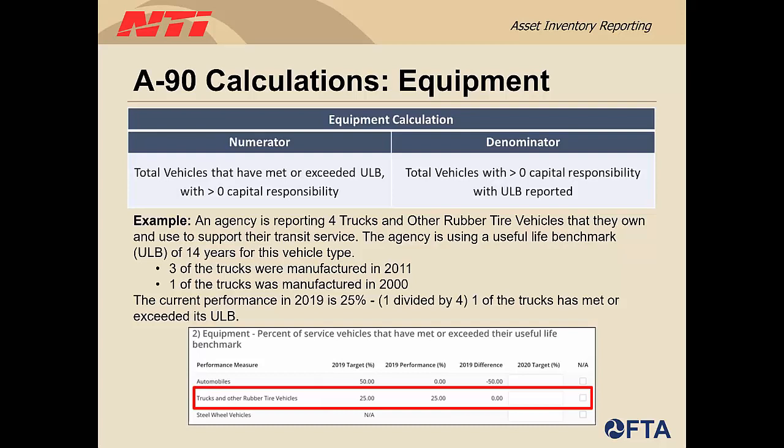The A90 is showing a current performance for this asset type of 25%. This is because 1 of the 4 reported trucks has met or exceeded its useful life benchmark. This would be the truck that's manufactured in 2000. The other 3 trucks manufactured in 2011 still have useful life remaining and therefore are in a state of good repair.